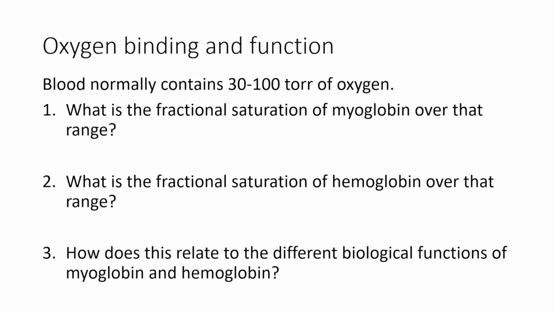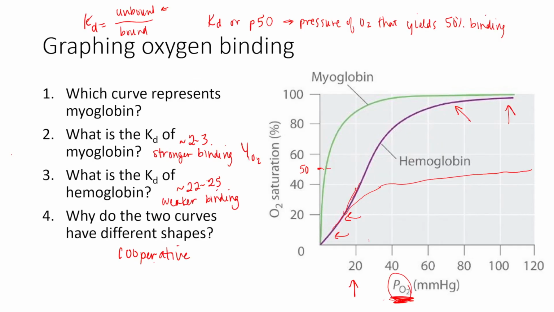All right, so with that, let's start talking about this question. What is the fractional saturation of myoglobin over this range of 30 to 100 torr? Let's look at this graph. If we have about 30 torr, we can drop a line around here. 100 torr, they already have a line for us.